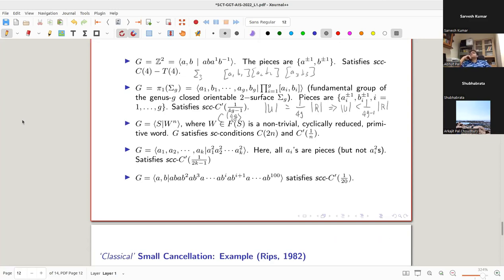You write it as a1 a1, a2 a2, and so on, up to ak ak. So it says that the ai's are the pieces but not the ai squares. Do we understand that?